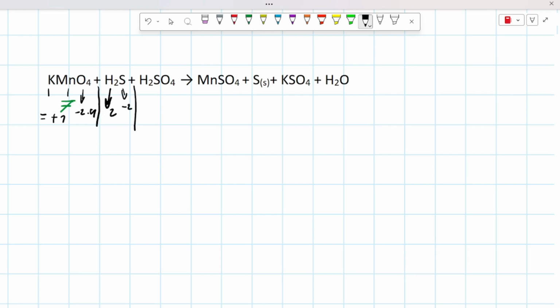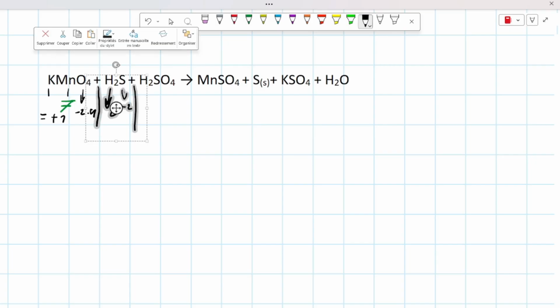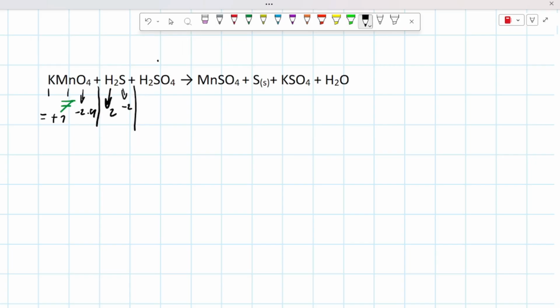Now for the sulfuric acid, we have the hydrogen, and we have 2 of them, so that will be +1 times 2, which is equal to +2. The sulfur we cannot find directly here, sadly, but the oxygen, we know that it's -2 times 4, so -8. And so the sulfur needs to be +2 plus 6 minus 8 equals 0. That's 6, so the sulfur, we know it's +6.